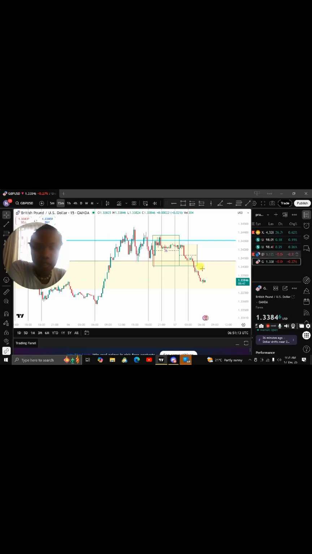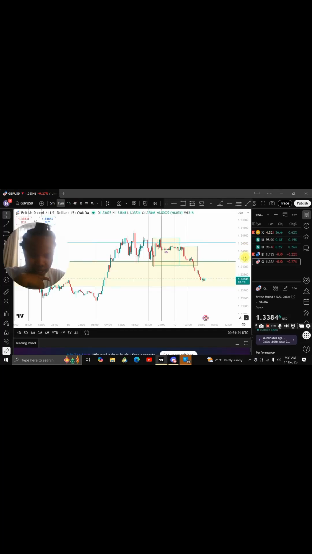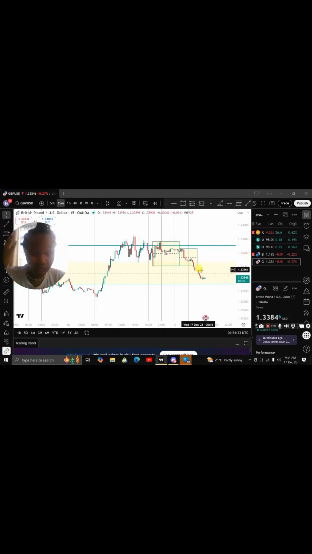What I was looking for was manipulation above, sweeping ideally above these highs. Then I get in here before 10 a.m., before the news comes out, and then aim for this level. But as you can see, I have not got an entry, because I have to look at the time of day too.